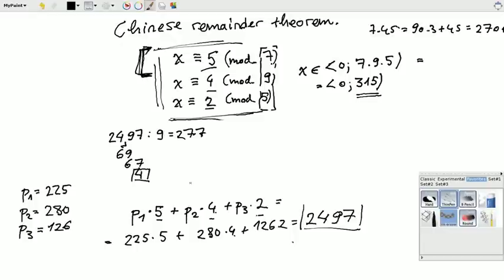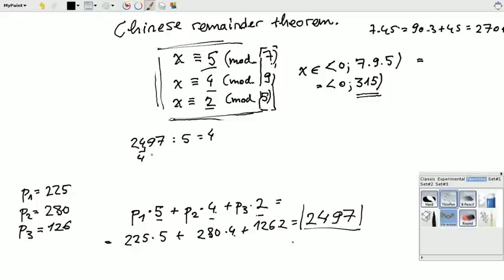Great! The second condition is also satisfied. Now 2497 divided by 5 is equal to 4, remainder 4, 49, 9, 47, 9, and the remainder will be 2. Good.